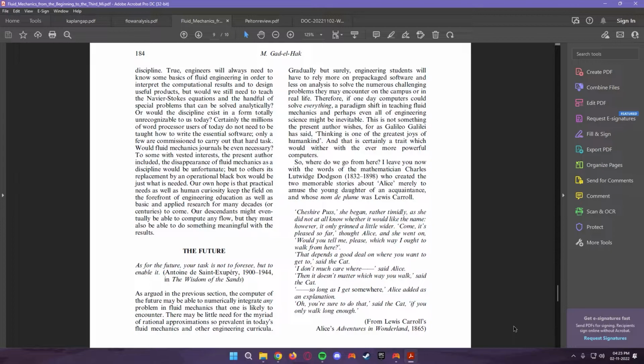Great changes took place during the first half of this century in both the teaching and the research of the discipline, and it appears that the subject is yet set for another upheaval as we approach the third millennium. This paper discusses those past and future evolutions of fluid mechanics.